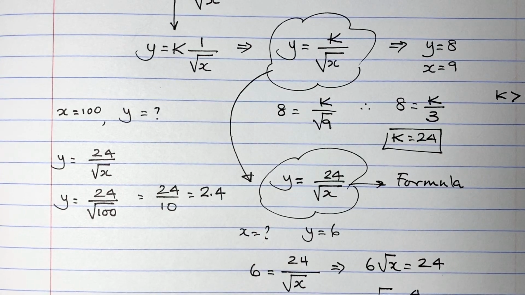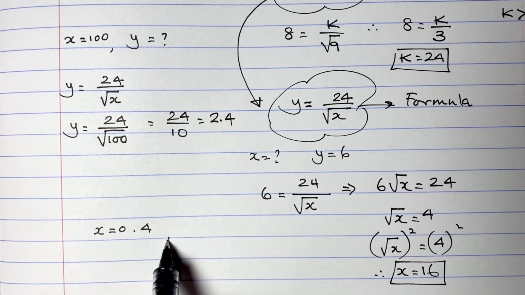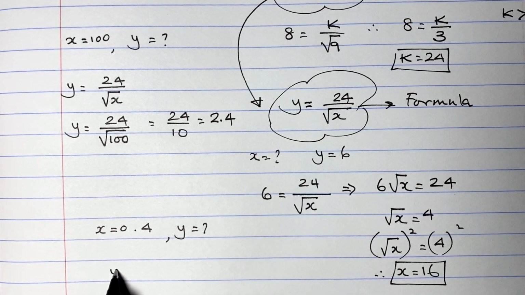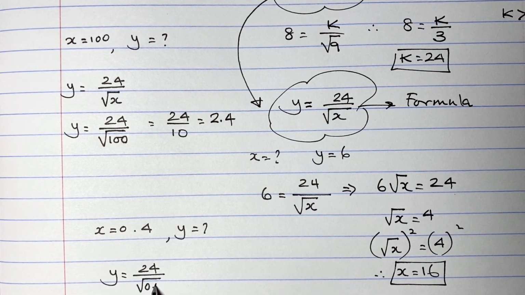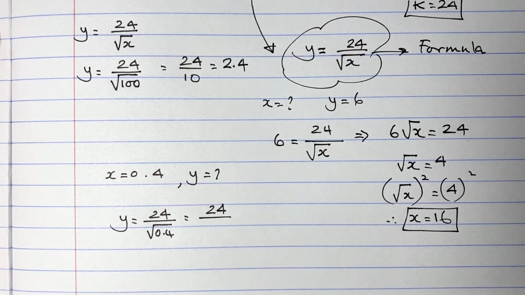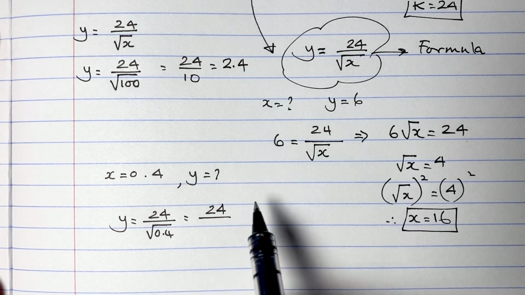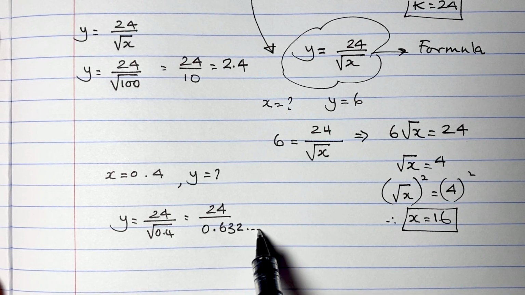Let's use the final question. When x equals 0.4, what is y? Write the formula again, which is y equals 24 over square root of x, which is 0.4. So whatever the square root of 0.4 is, or you don't even have to, you can calculate the whole thing in one go. That's going to give me 0.632 and it goes on.